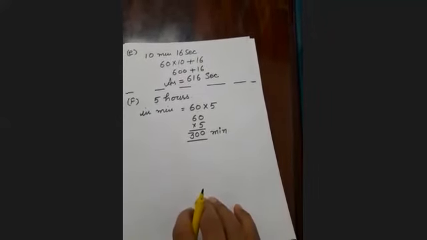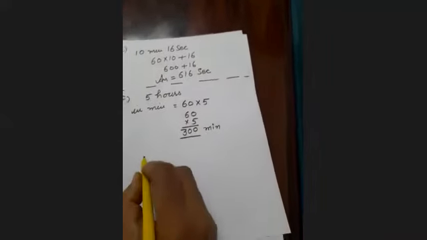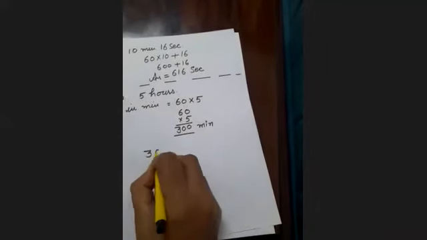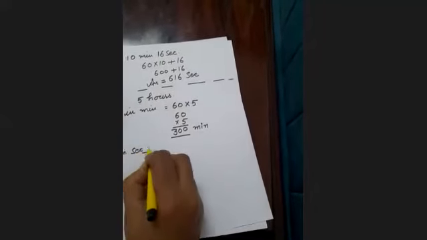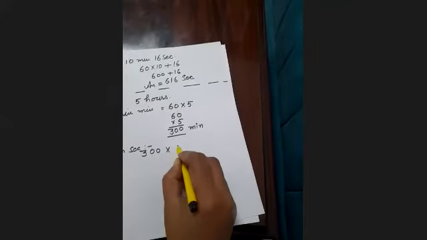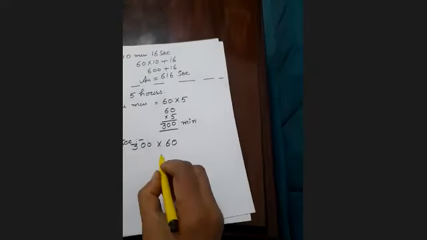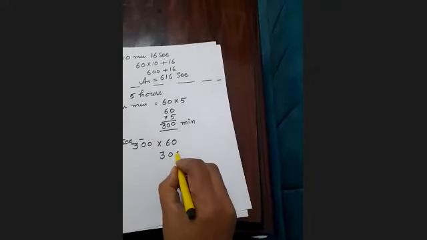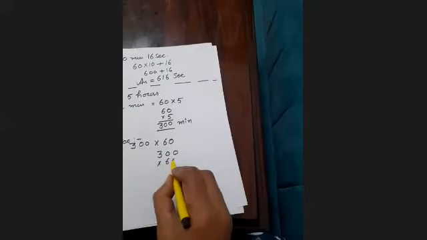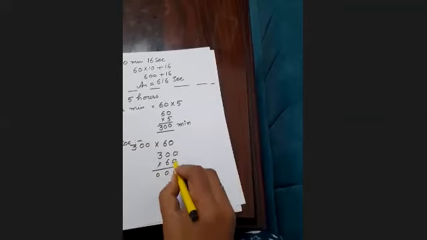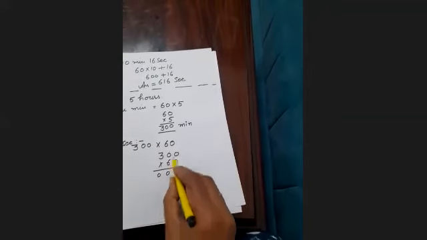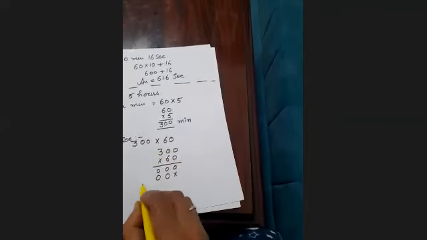Now convert 300 minutes into seconds. 300 multiplied by 60. 0, 0, 0, 0 multiplied by 0. Now multiply by 6: 6 multiplied by 0, 0, again 0, 6 threes are 18.